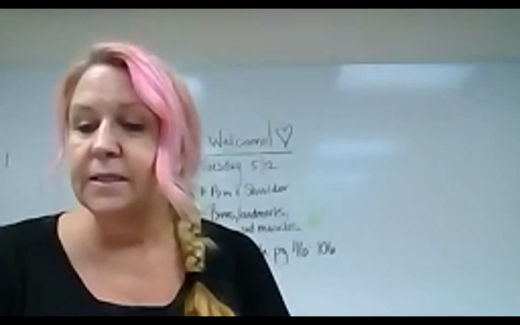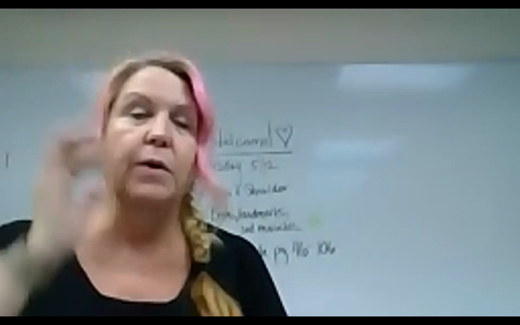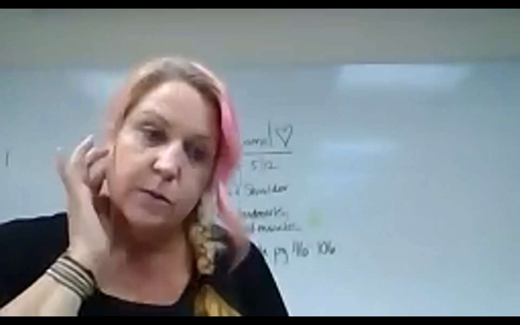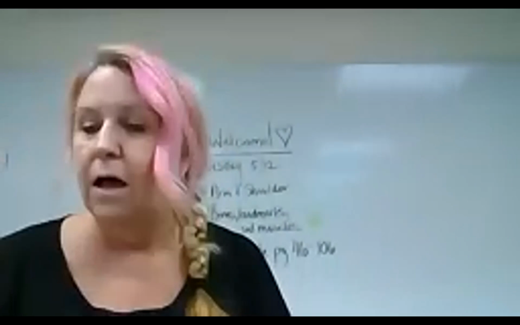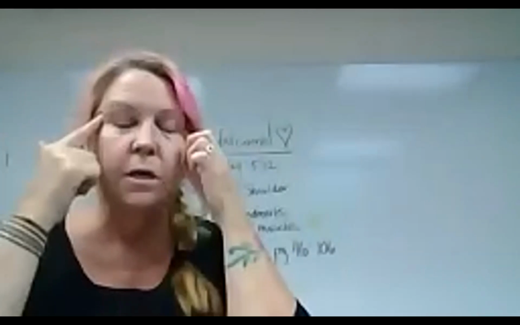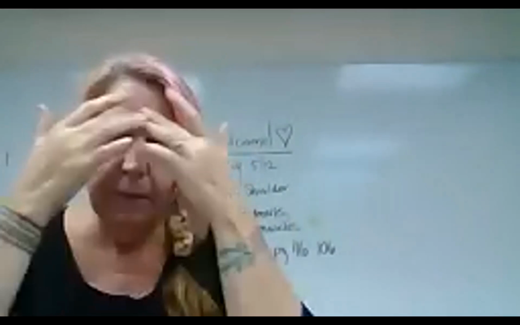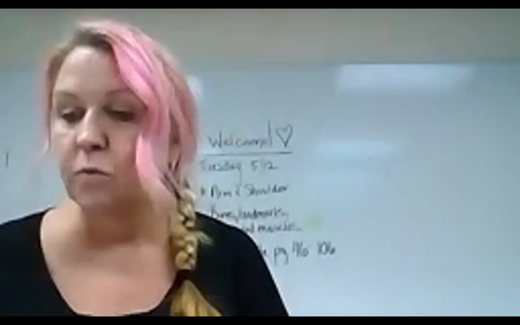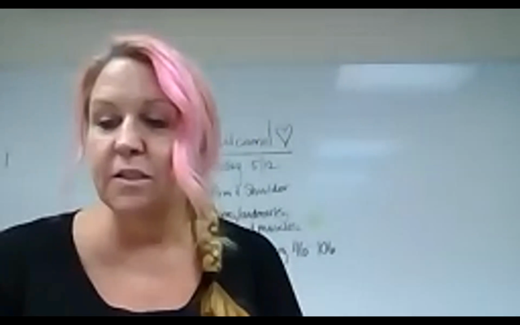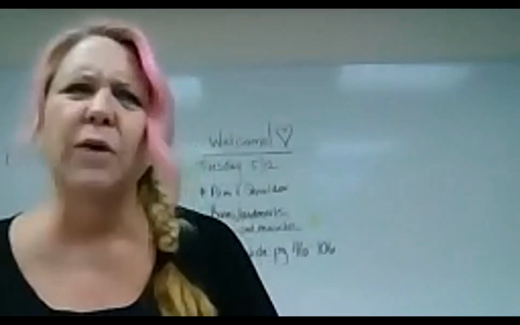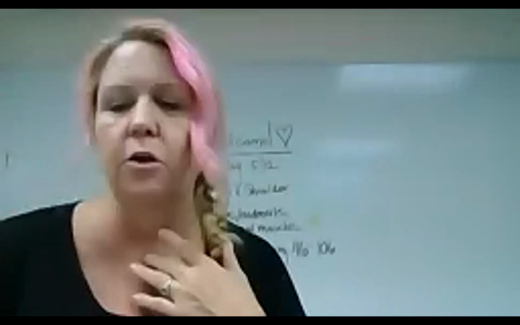A meatus is a canal or tube within a bone, and we have, for example, our external auditory meatus, which is like a little hole or canal. We have sinus, which is a hollow cavity, which is our sinuses that fall primarily in the nasal cavity, but we have other sinuses as well. A notch, which is a small carved out portion of the bone. We'll learn our jugular notch today.